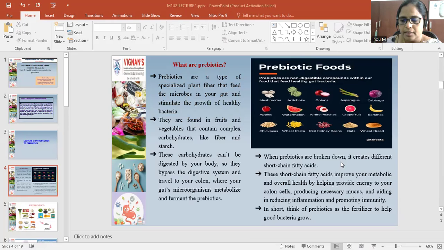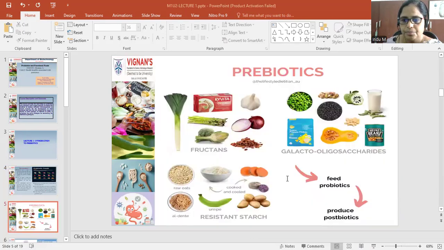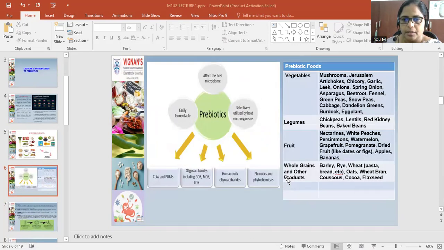So they act as a fertilizer to help the good bacteria to grow in the gut system. So these are the various prebiotics. So these prebiotics act as a food material for probiotics, and those probiotics produce the postbiotics. This is the link between probiotics, prebiotics, and postbiotics.